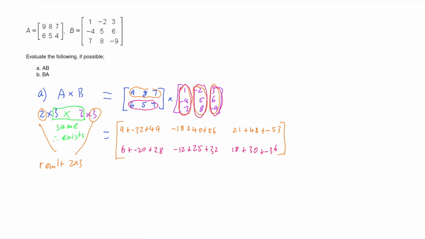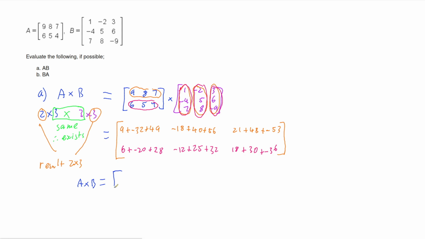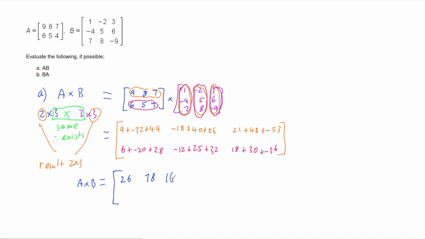So now that we've done all of that, our product, A times B, is going to be given to us by doing all of these sums. So now 9 plus negative 32 plus 49 becomes 26, and then negative 18 plus 40 plus 56 is 78. And then 21 plus 48 minus 53 is 16.